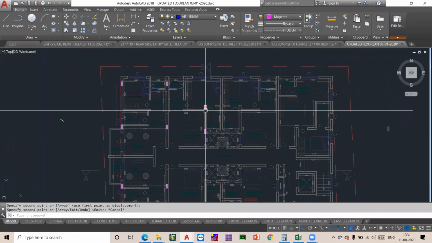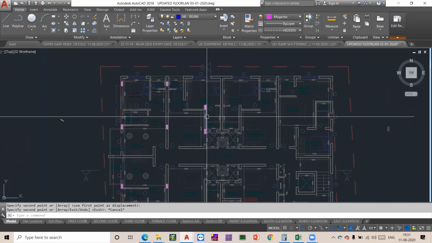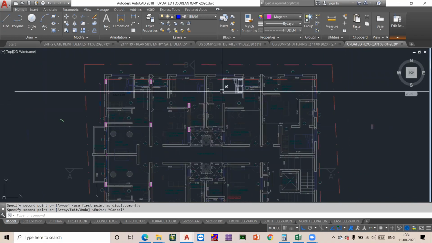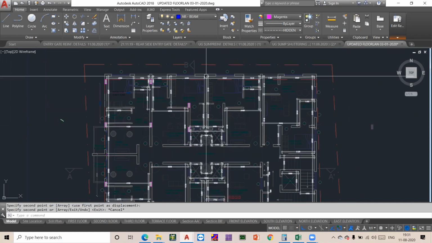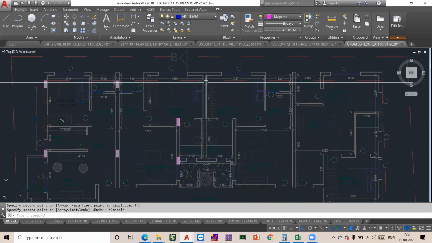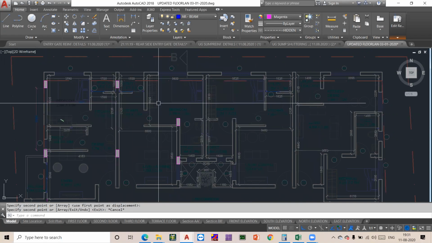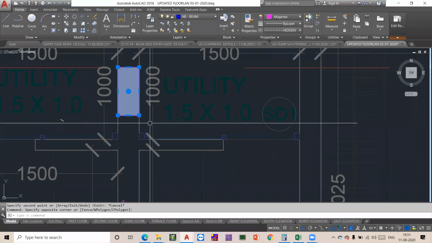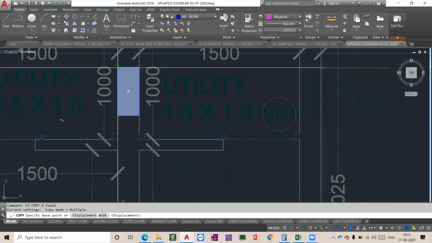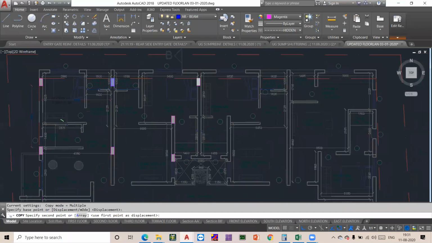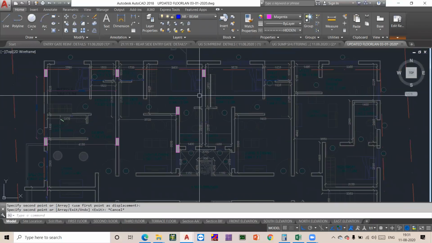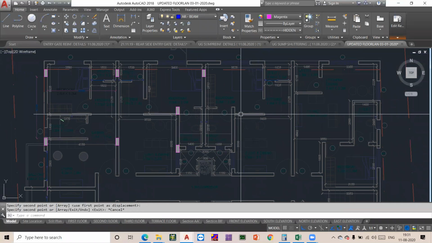Okay. With this arrangement, I can run a beam here. I can run a beam in this fashion. Okay. And I will be requiring a column here, for which I will be maintaining the same grid. Okay. Right.